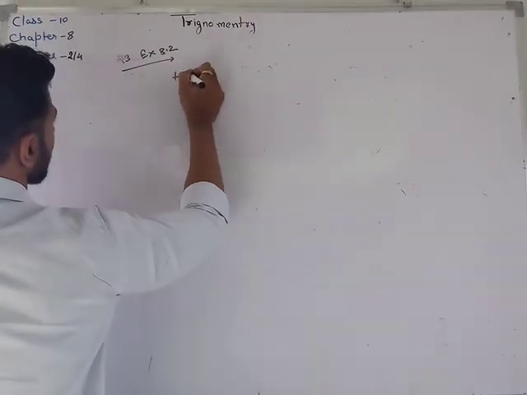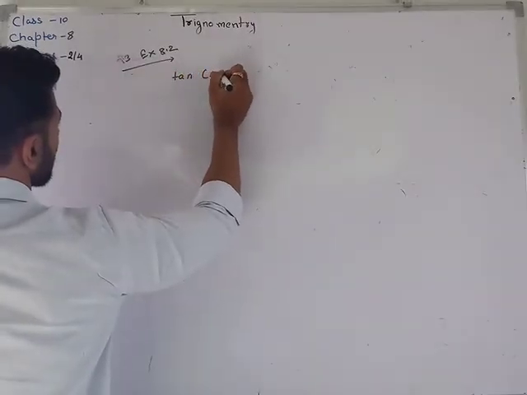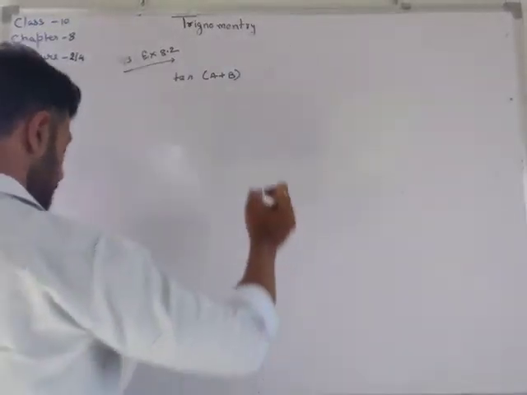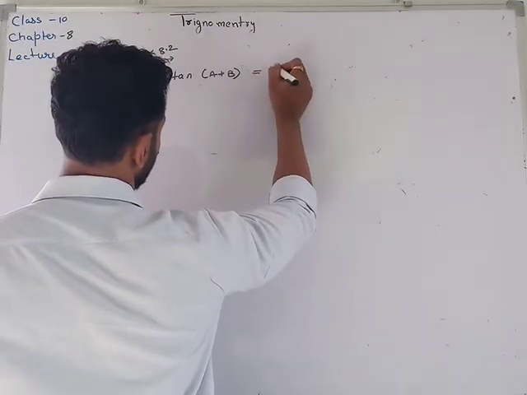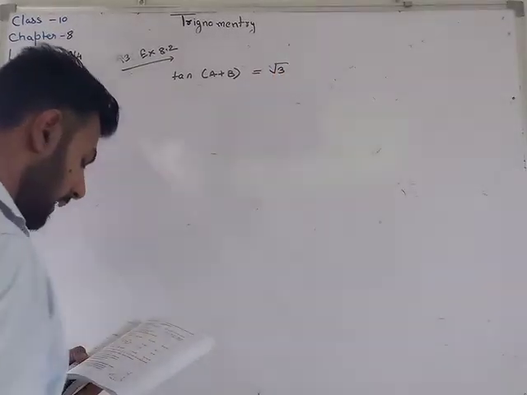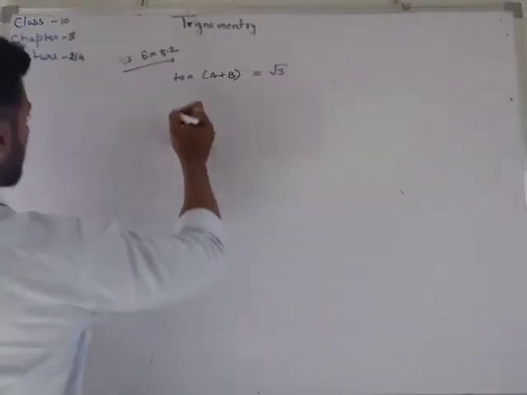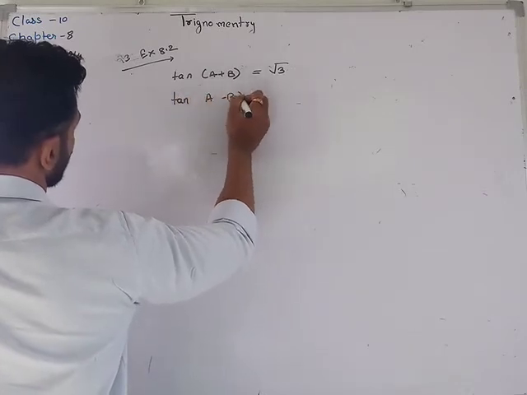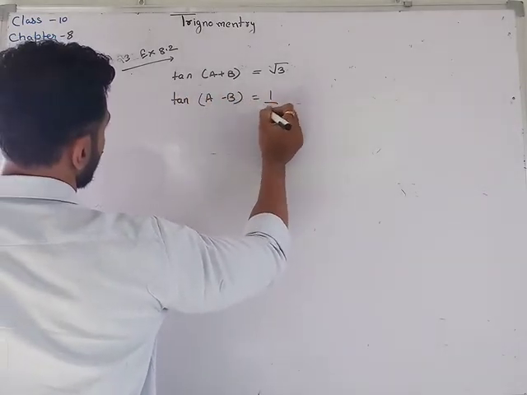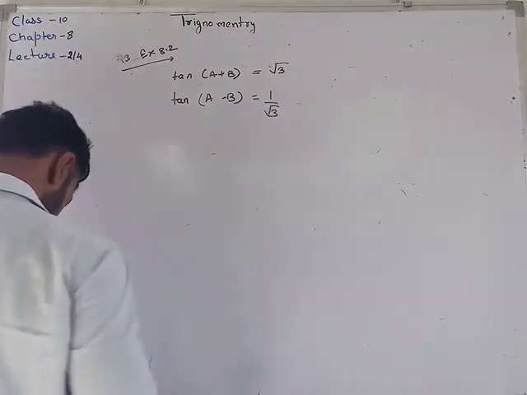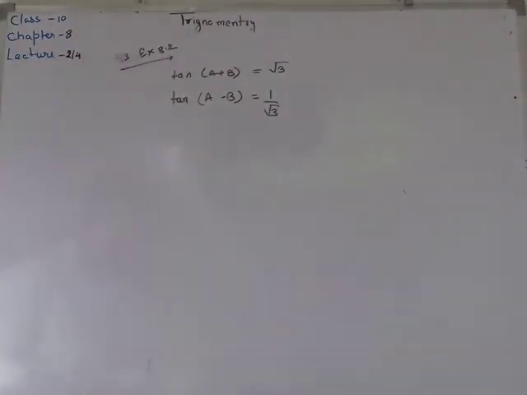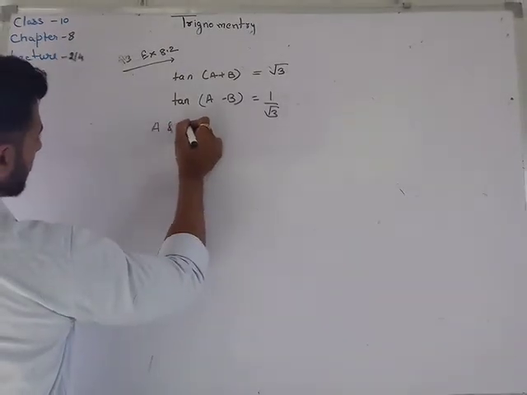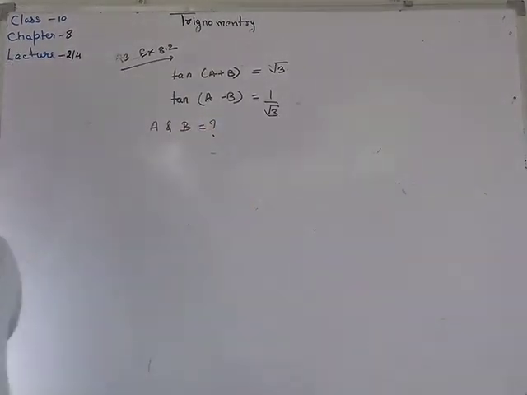If tan A plus B is equal to root 3 and tan A minus B is 1 by root 3, find the value of A and B. We have to identify the value of A and B.